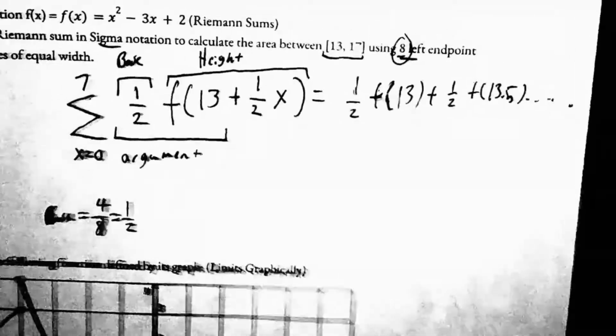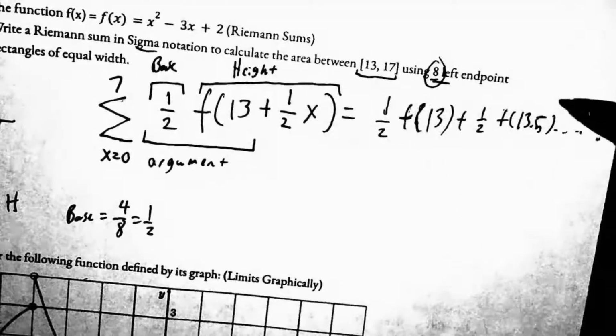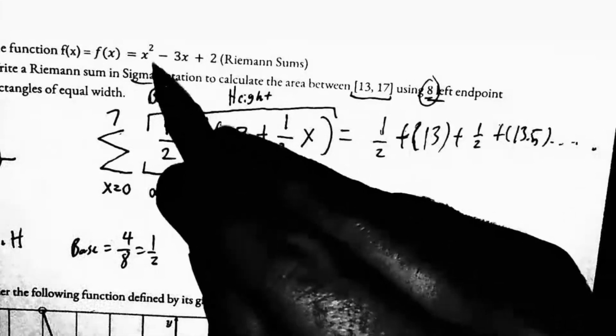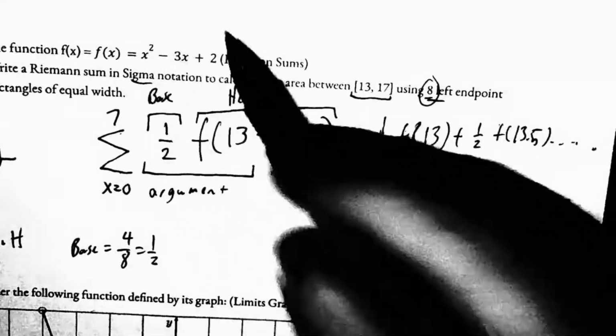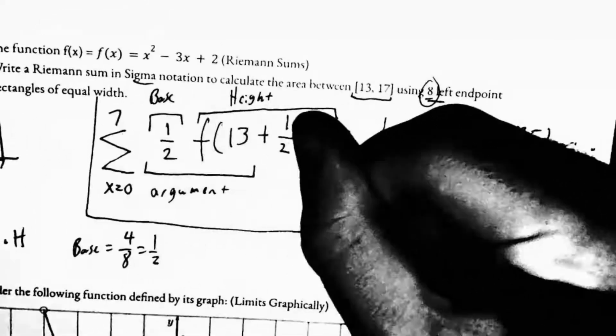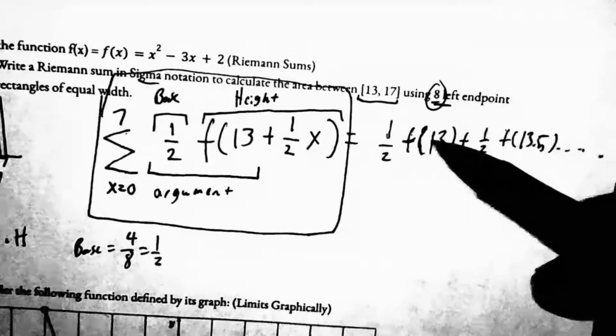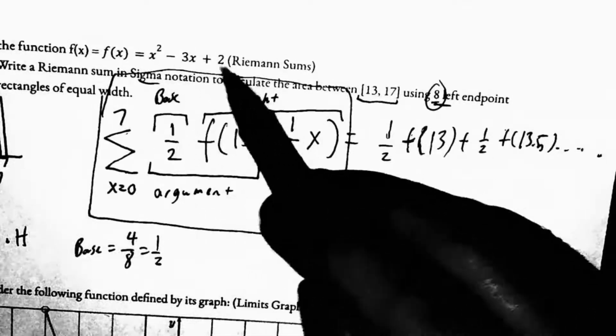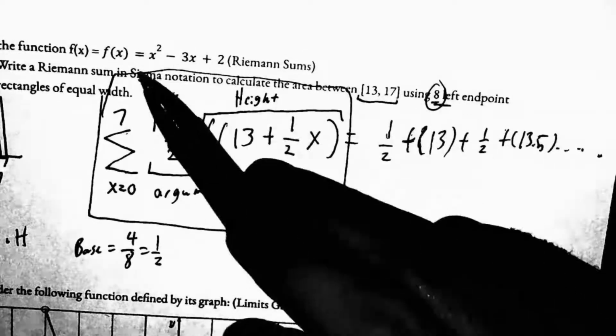Okay. And this f of 13, this f of 13.5, you would be plugging in 13 into this equation. I'm not asking you to do that. I'm just asking for this. This is your answer right here. To find f of 13, you're just plugging 13 into this equation, 13.5 into this equation.